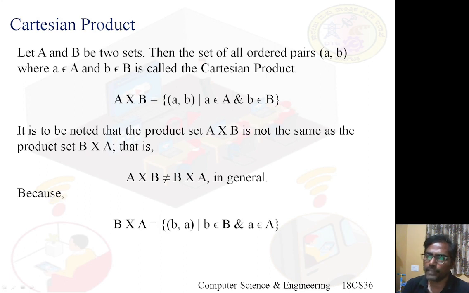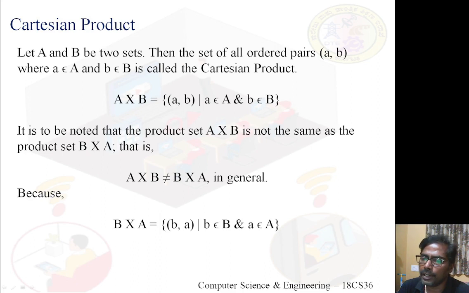Okay, clear? Now in arithmetic, when I say the product of any two numbers, say the product of 3 and 2, the product is commutative, right? I mean to say 3 into 2 equal to 6 is nothing but 2 into 3.